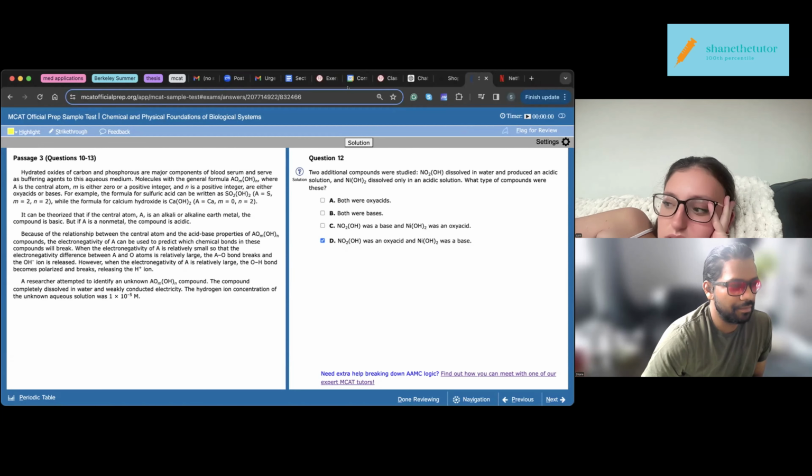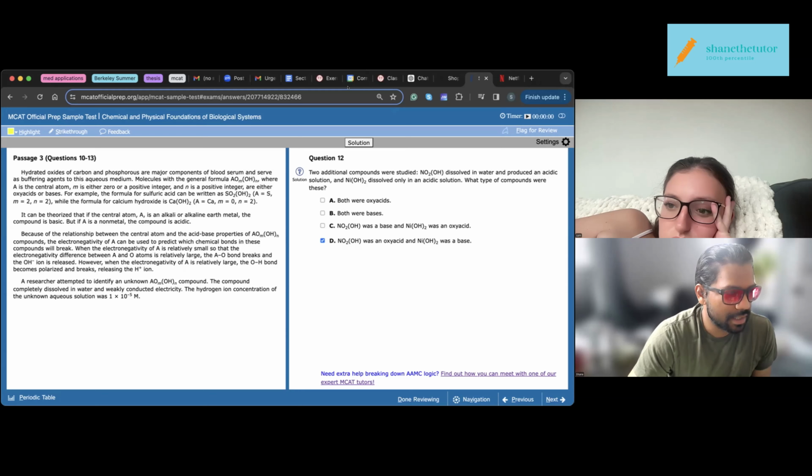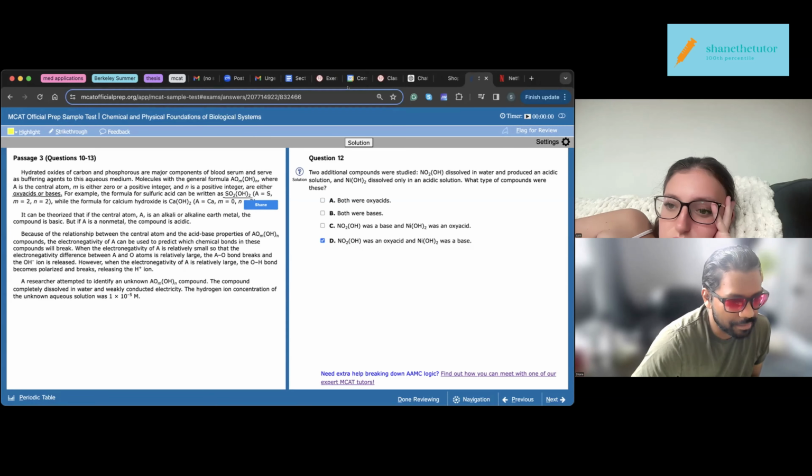They most likely mentioned it in the passage, but basically it's an acid with oxygen in it. So oxyacids or bases, the oxyacid would be something like that, and the base would be something like this.